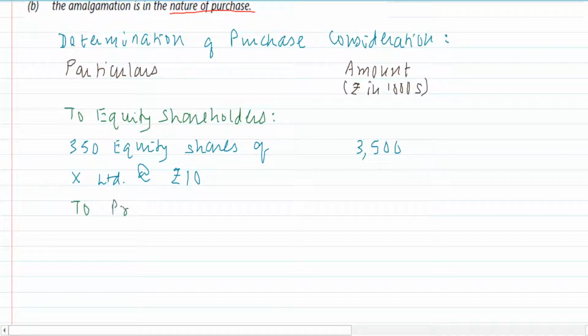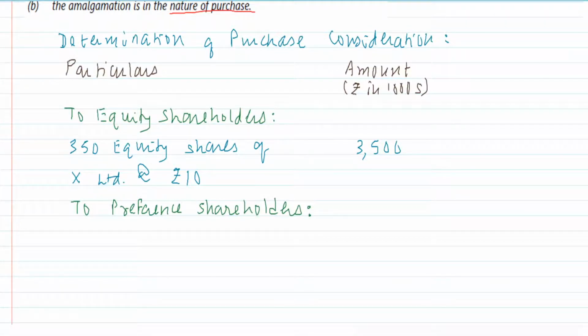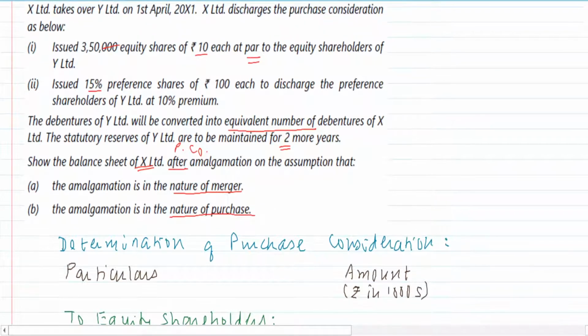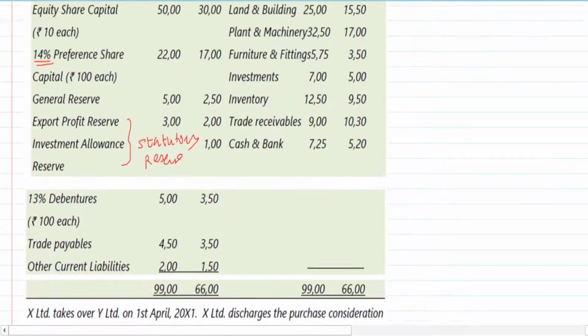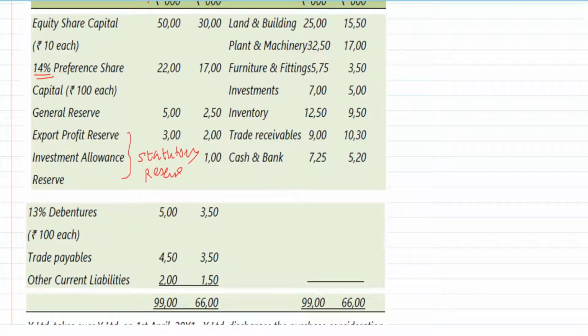Next to preference shareholders. So we will settle the preference shareholders now. Just check information 2. Issue 15% preference shares of rupees 100 each. Okay. To discharge the preference shareholders of Y Limited at 10% premium. Okay. So check with the balance sheet.